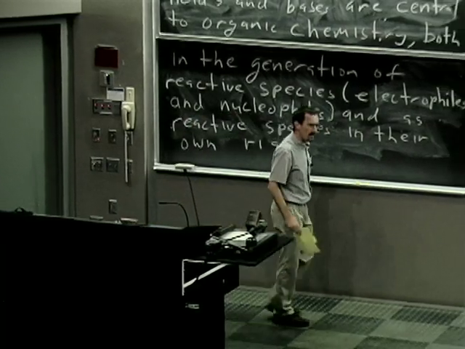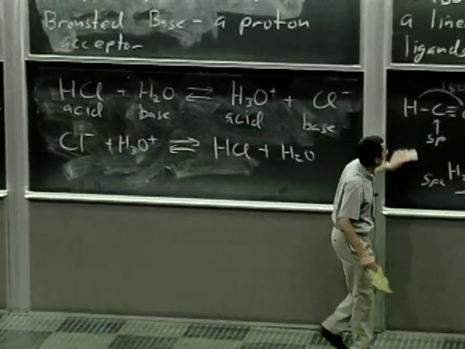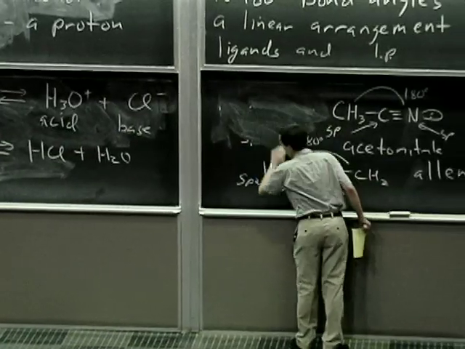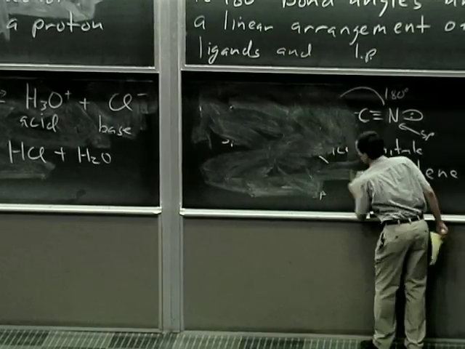Let's start to think about the mechanism of this reaction and the flow of electrons. And now we're going to use our organic chemist notation of the curved arrow.